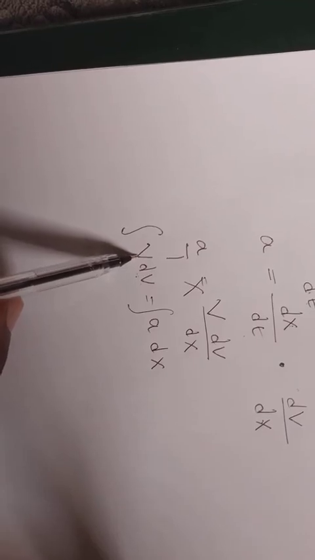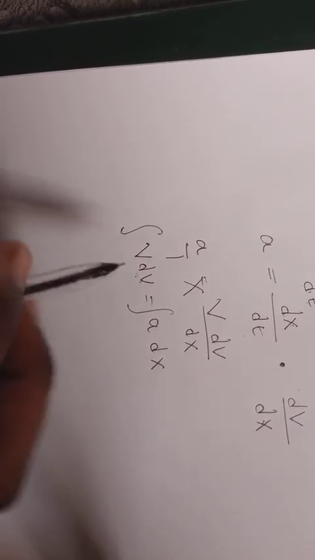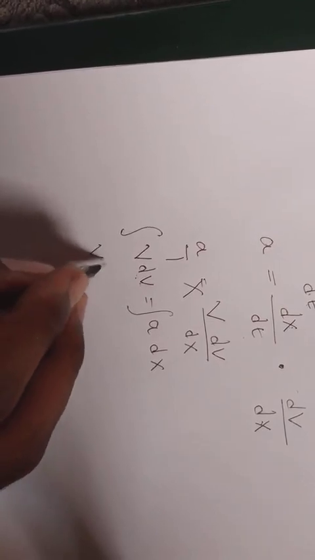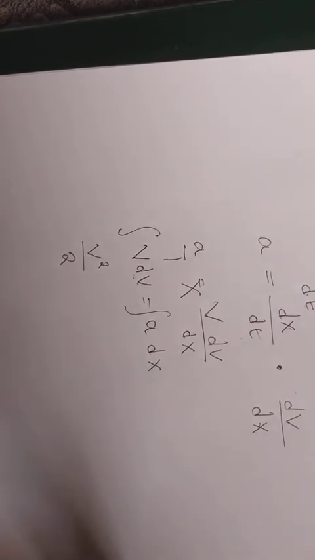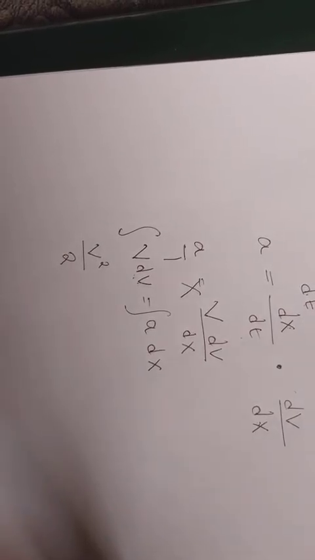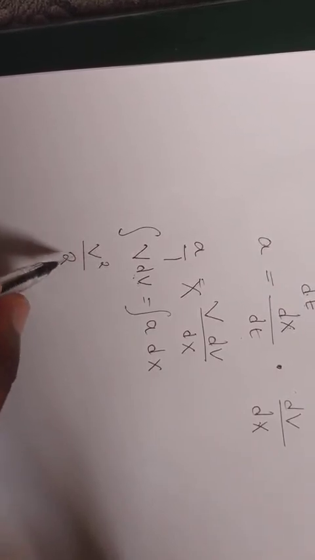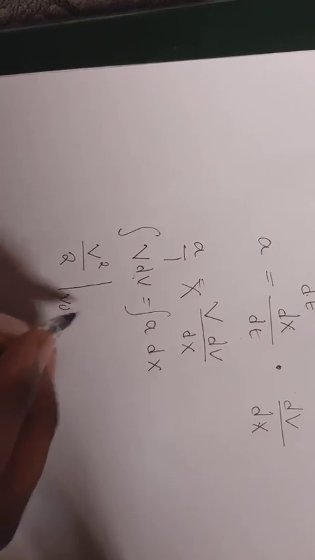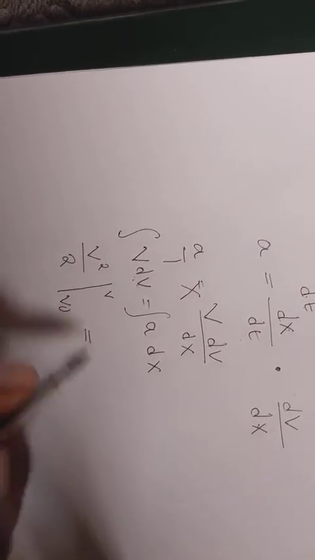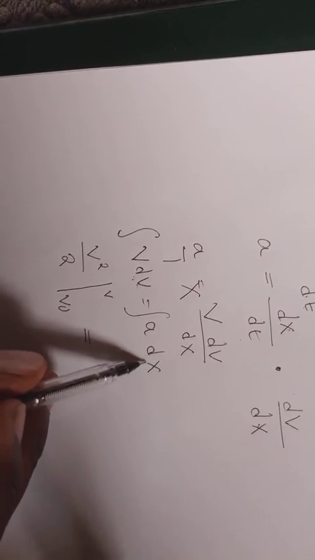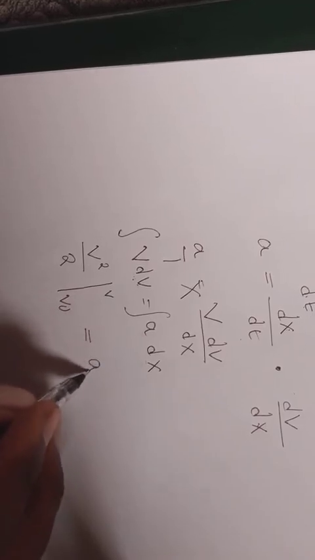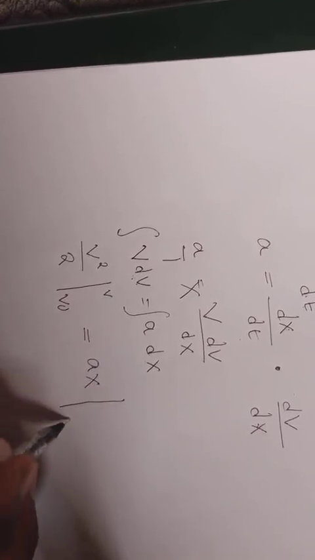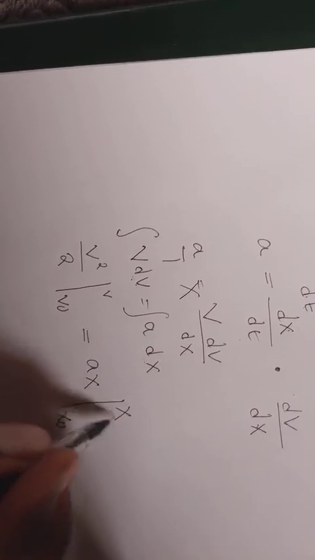If you integrate the v with respect to v, what you're going to get is v squared divided by 2, if you remember that principle that we used in the previous example. So you have v squared over 2, and then the limits are the initial velocity to the final velocity, which is equal to, even this side, if you integrate a with respect to x, you are going to get ax, and this will be from the initial all the way up to the final.